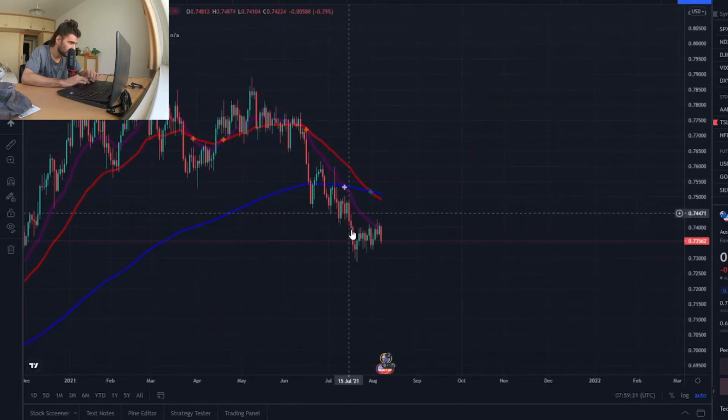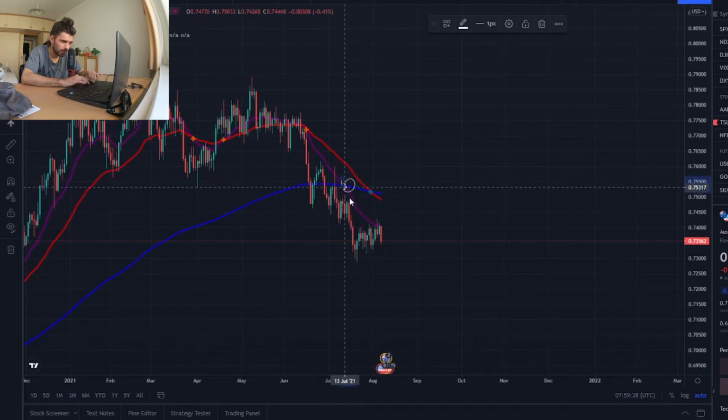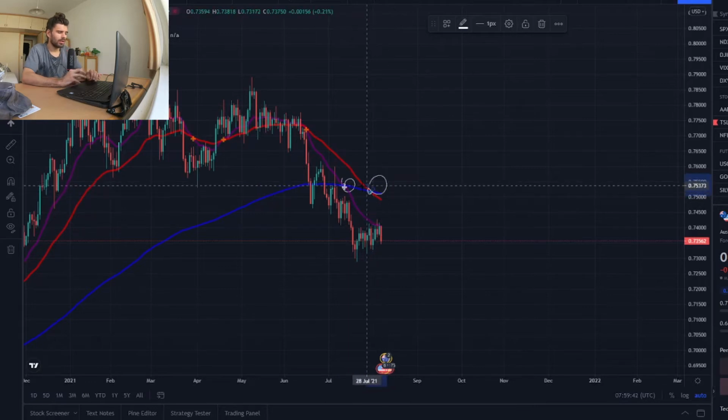And now suddenly here we had this momentum trend changing direction, where we saw the 20-day EMA fall below the 200 EMA, and here the 50-day EMA fell also below the 200-day EMA.